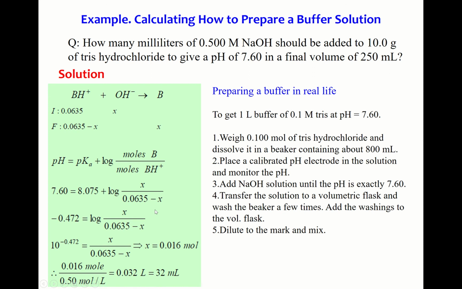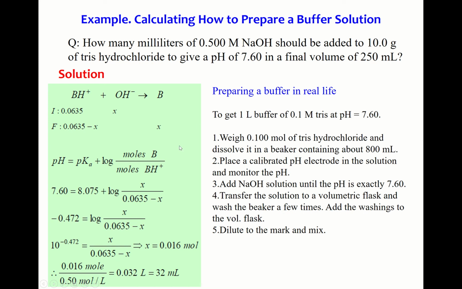Then you solve for x, and you get 0.016 mole. What is the question? How many milliliters of this one? So here is your amount in moles, and the concentration is 0.5 molar.